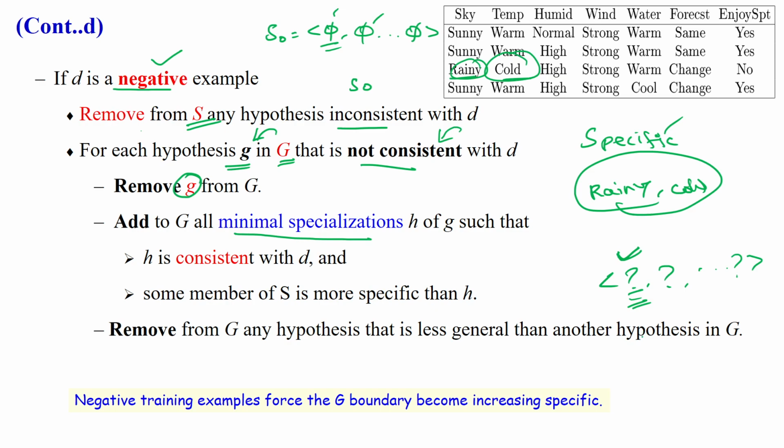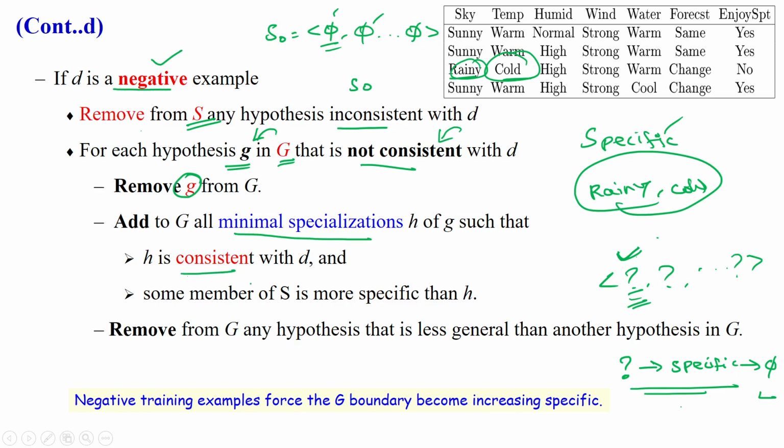So what is the minimal specialization? The question symbol should be replaced by the specific value. Then if there is a specific value available, that can be replaced by the null character, the null constraint. So this is the rule for making more generalized into least generalized, or more specific.